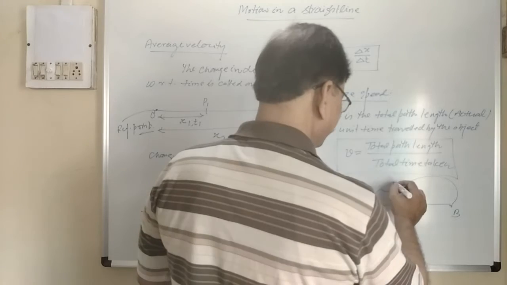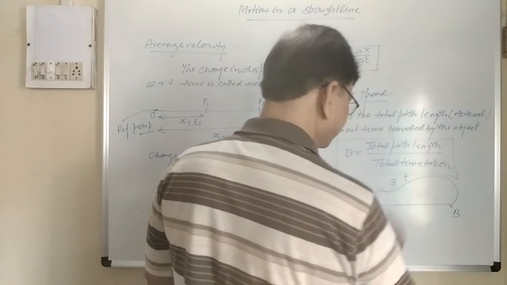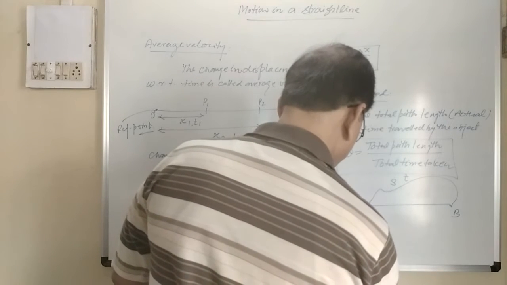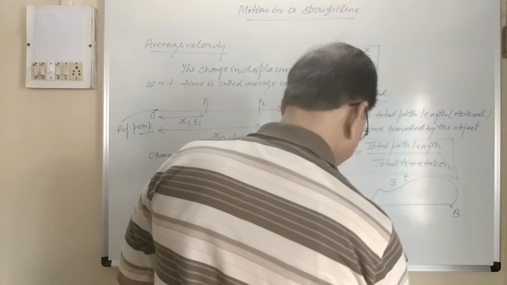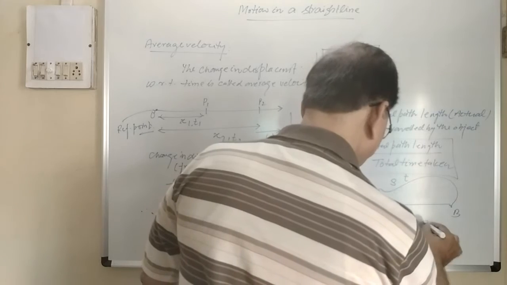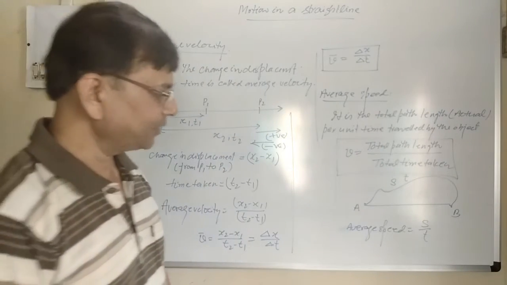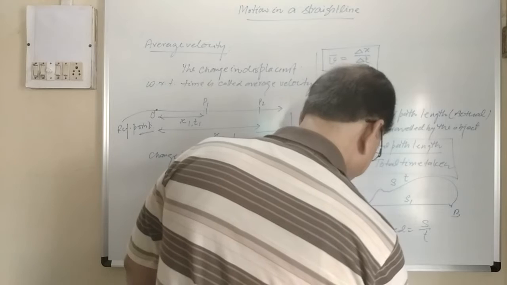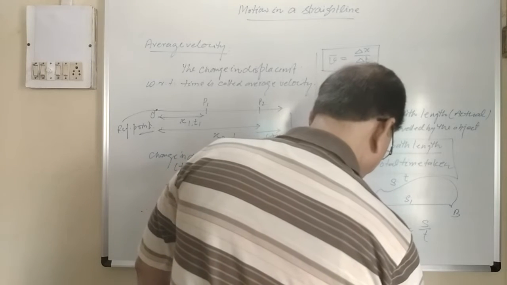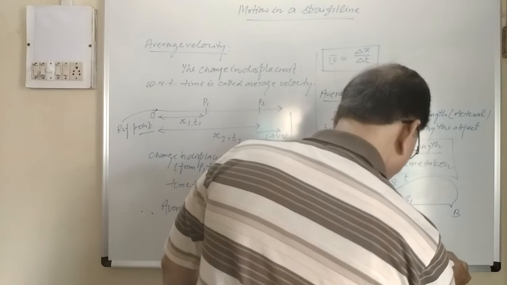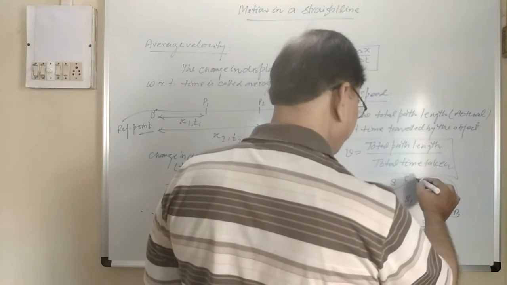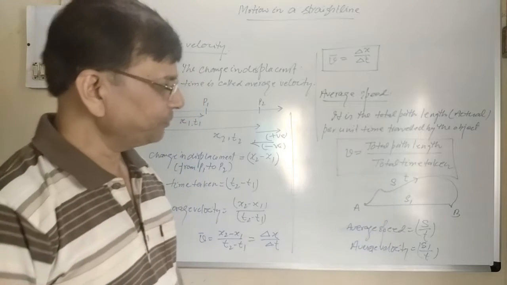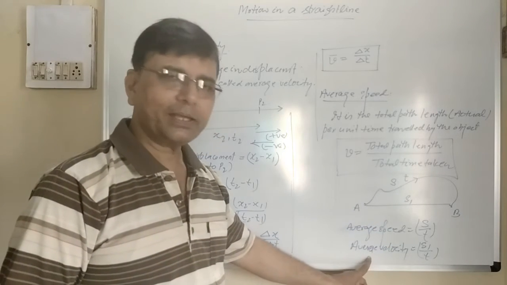This length, suppose it is S, and the time taken is T. So average speed is equal to S by T. But for average velocity, suppose this length is S1, so average velocity is equal to S1 by T, because from here to here the time taken is T. Since S is more than S1, the average speed is greater than the average velocity.